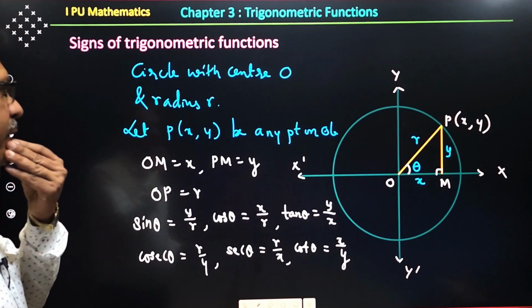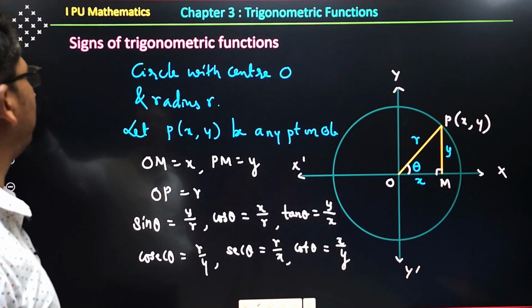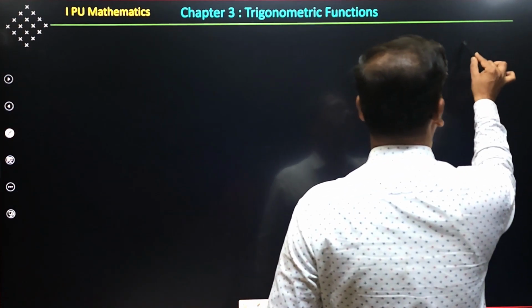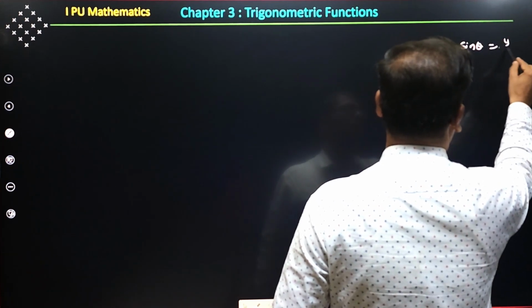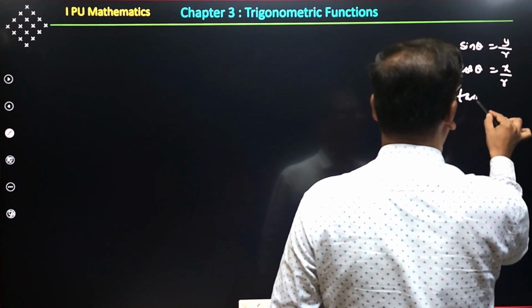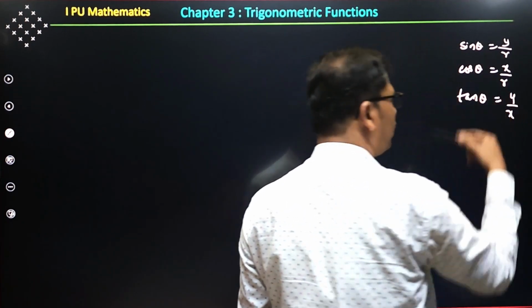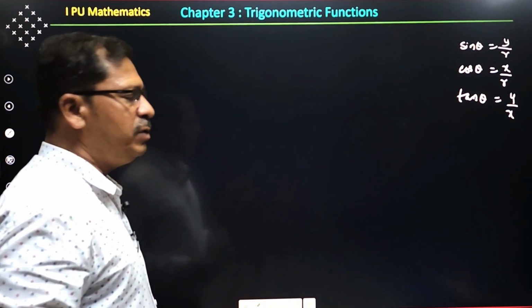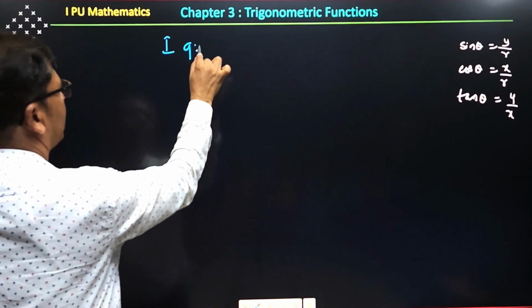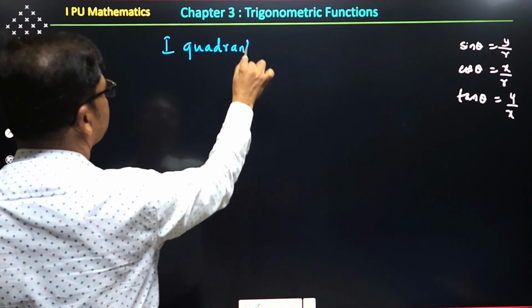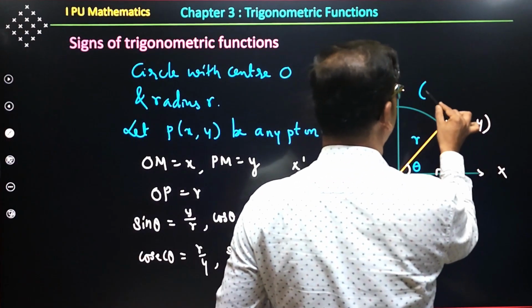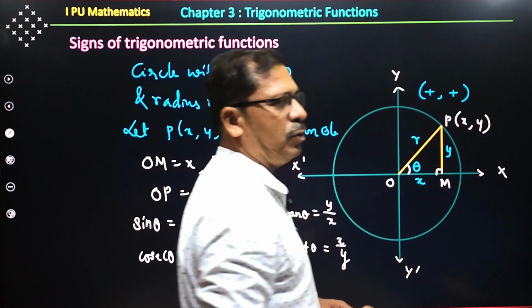Now observe here, I would like to judge the signs of trigonometric ratios. As per our previous idea, sin theta is equal to y by r, cos theta is equal to x by r, and tan theta is equal to y by x. The remaining you can now judge. If you take the first quadrant, x is positive and y is positive, both are positive.